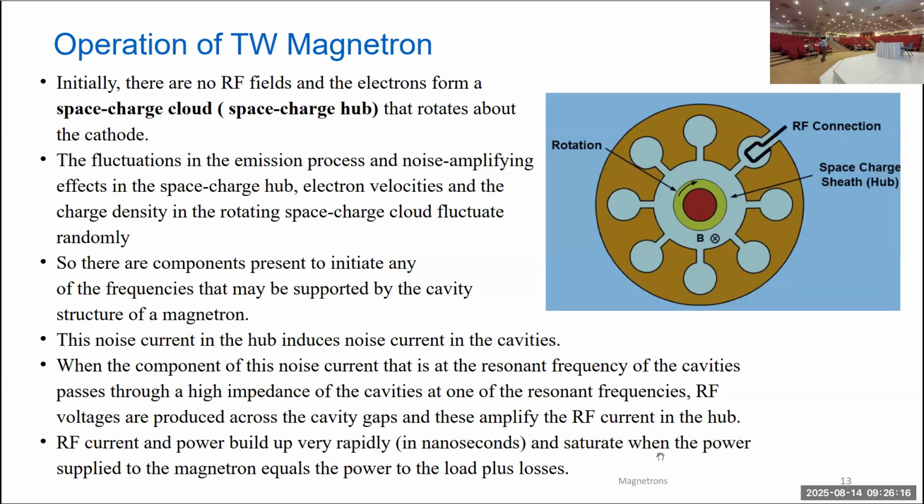Initially, there is a plethora of RF frequencies. Every RF frequency is present when the operation of this magnetron starts. But only those frequencies survive which are resonant to these cavities. Others are suppressed. And this phenomenon takes a few nanoseconds, tens of nanoseconds.